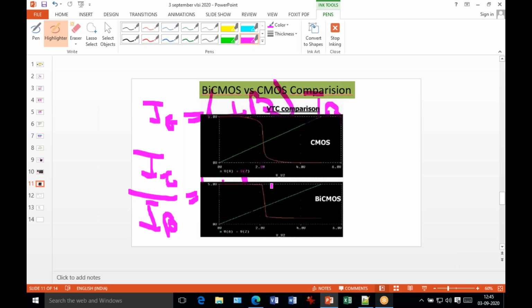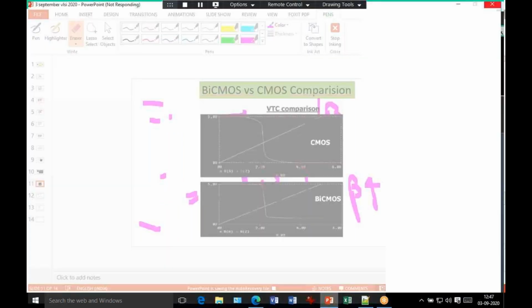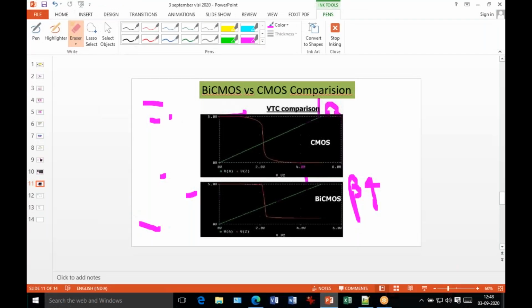There are two curves: one is the curve for CMOS, another is for BiCMOS. One thing you just remember: the W by L ratio is not accurately set in the CMOS, so in CMOS this curve is not very smooth.